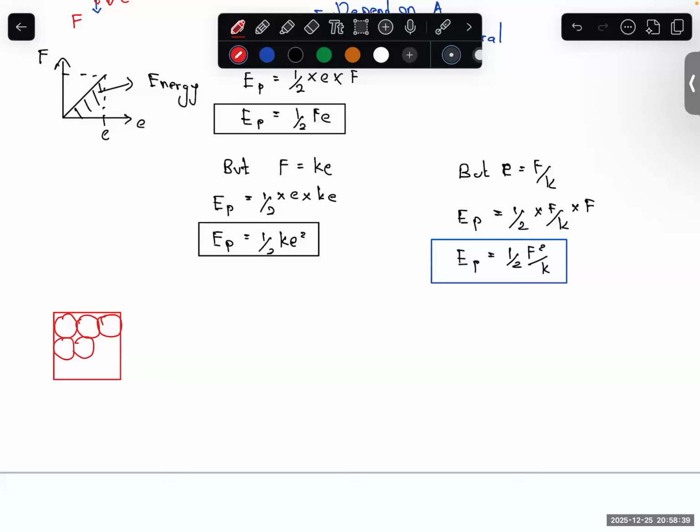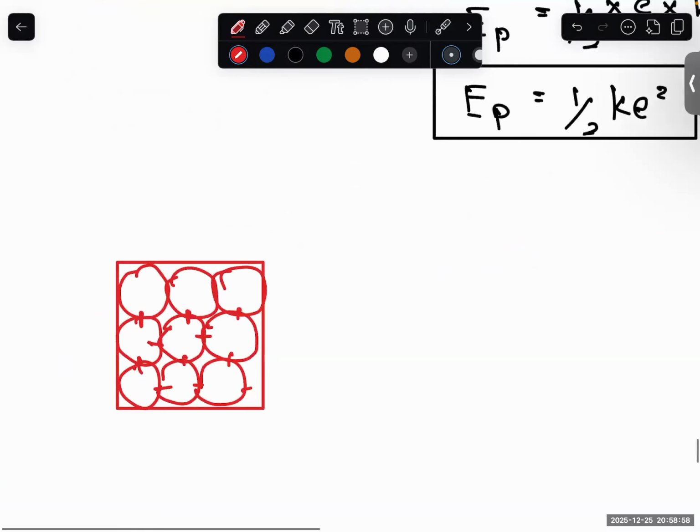Atoms, the basic structural unit, whatever you are going to call it. So they are strongly bound to each other. So when you apply a force, they undergo extension, because when you apply a force, the intermolecular space will slightly increase.